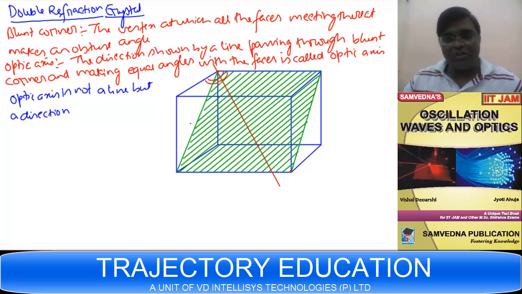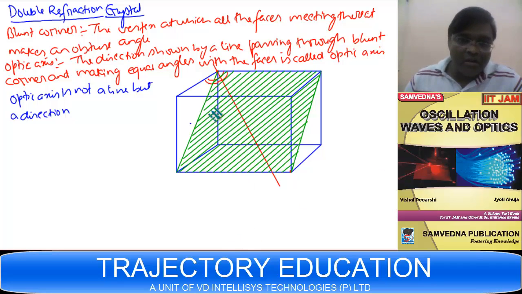This shaded plane contains the line and is perpendicular to the pair of opposite faces. This plane is called the principal section.